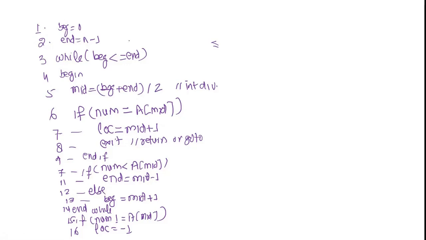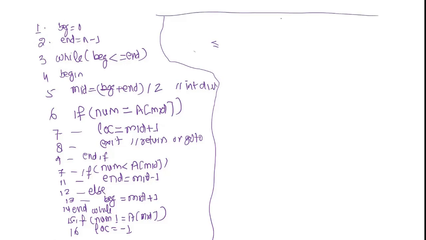These are the steps. Now we have to calculate the complexity. So here we have to make two columns.